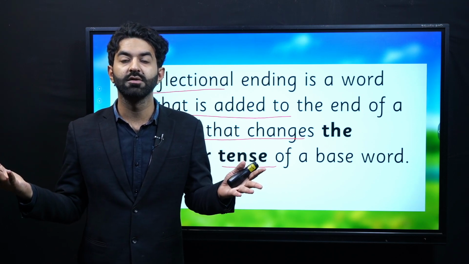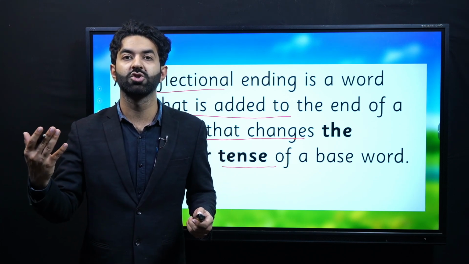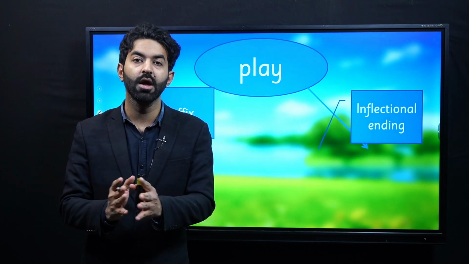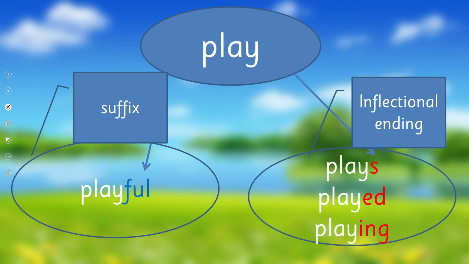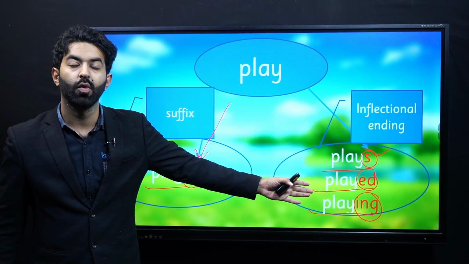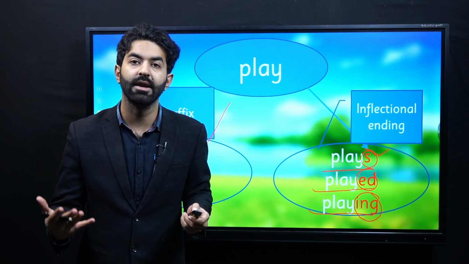What do you see as the difference? We added s. That makes it an inflectional word with the addition of s. Very good. Now, we have another word, play. You can use the suffix ful and make playful. You can use inflectional endings like plays, played, playing: s, ed, and ing. All these words with the main word are called inflectional endings.